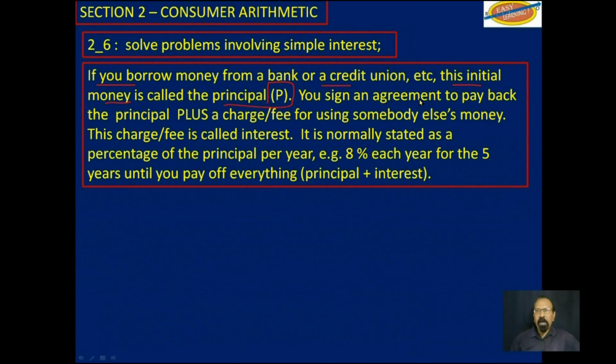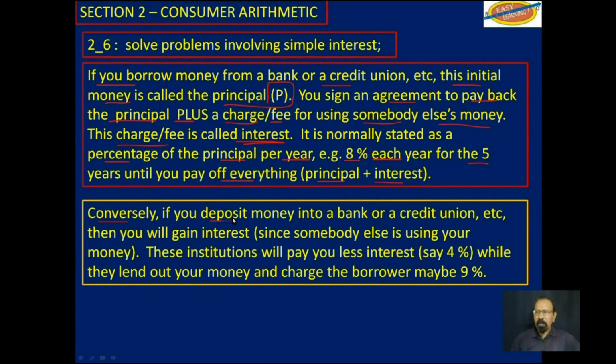You normally would sign an agreement to pay back the principal plus a charge or a fee for using somebody else's money. Now, this charge or fee is called interest. It is normally stated as a percentage of the principal per year, example 8% per year, and then the number of years that you take the loan for is stated, 5 years, until you pay off everything, that is to say, the principal and the interest.